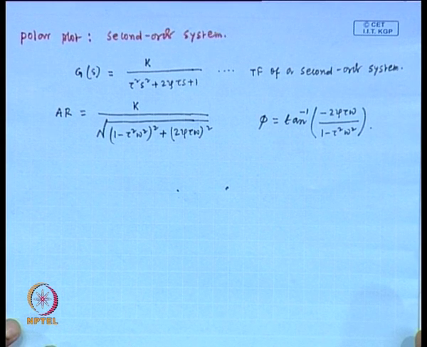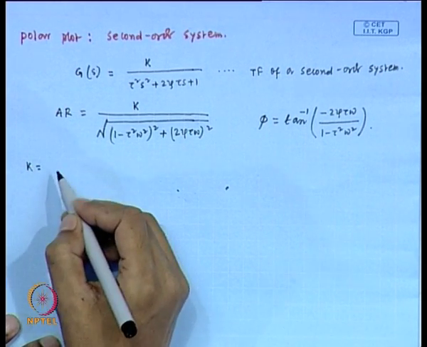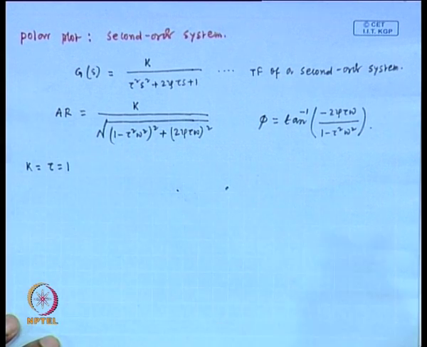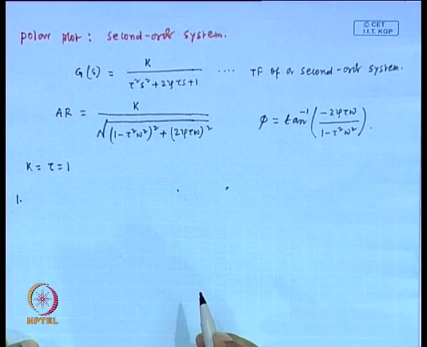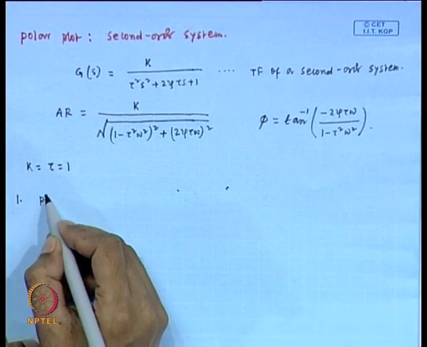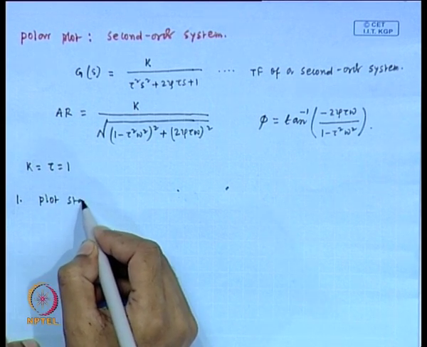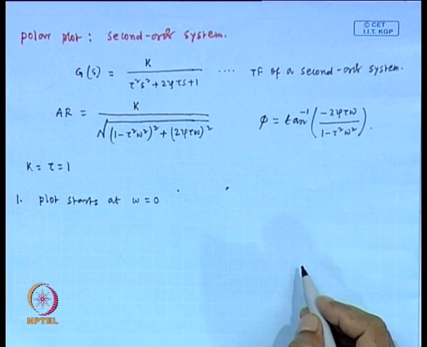Fine. Now, we will construct the polar plot, and for that we will consider k and tau both equal to 1. For simplicity, we are considering k and tau equal to 1. Now, the polar plot starts at omega equal to 0.